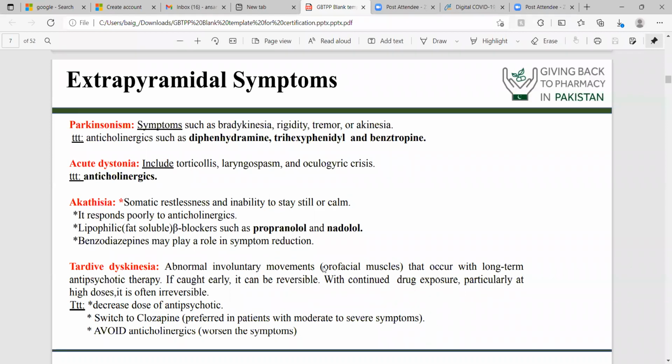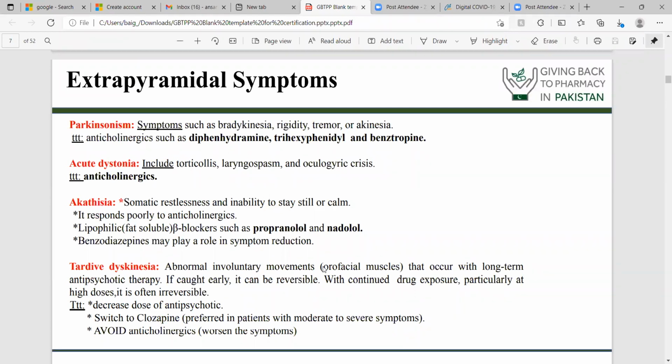Diphenhydramine, that's Benadryl, is 25 to 50 milligrams BID. Benztropine, which has anticholinergic activity like the others, is 0.5 to 1 milligram once or twice a day.